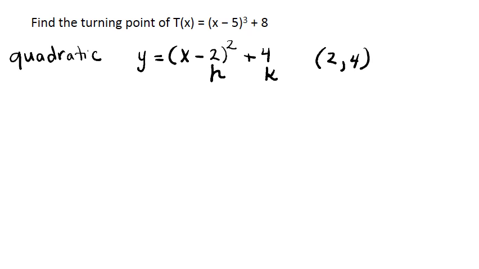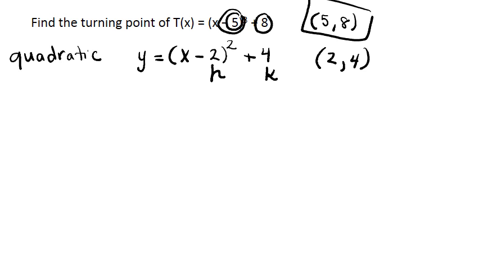So we do the same thing here. It's always whatever this number is and whatever that number is, as long as this is a minus sign, or basically the opposite of this and that. So this one's turning point would be (5, 8).